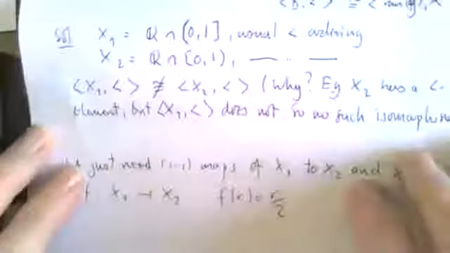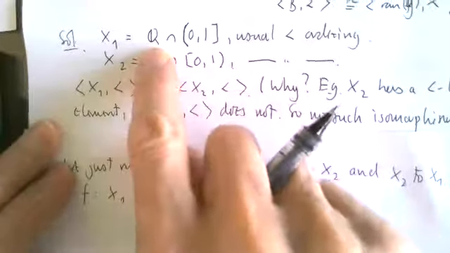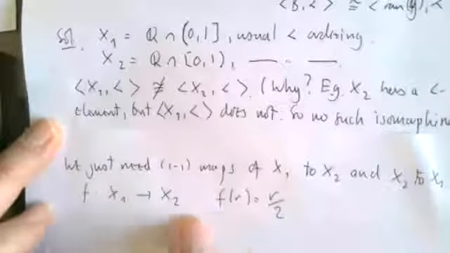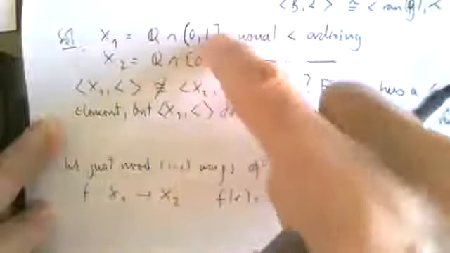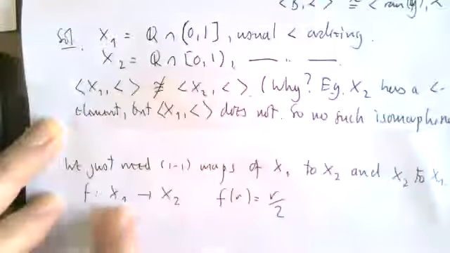X1 is Q intersect this interval here, so we just halve the rationals. Of course, that sends everything in here into a subset of X2.